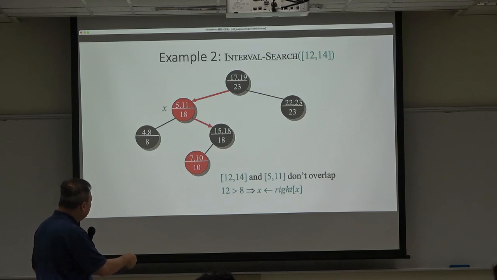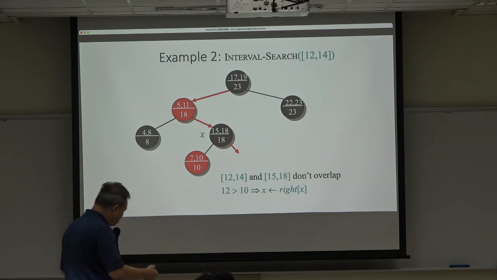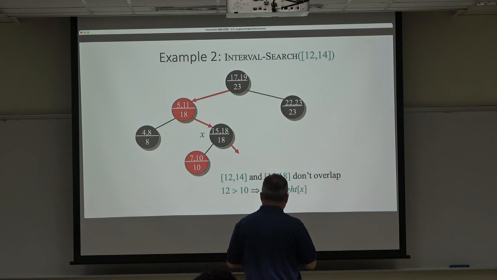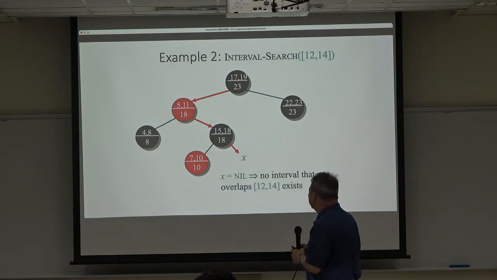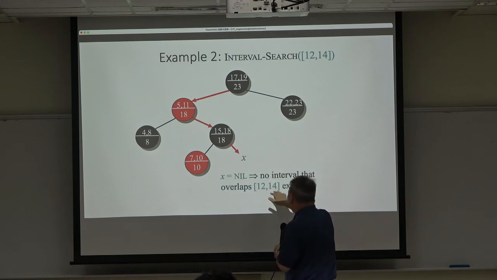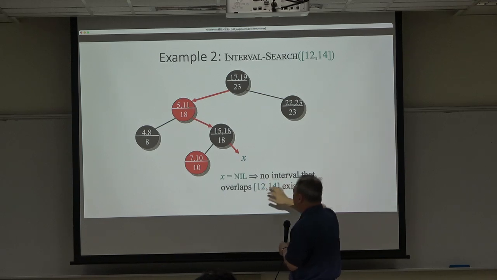But if you go to the right, there's a nil. X equals nil. So there's no interval that overlaps 12, 14.